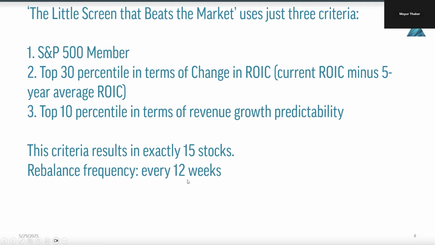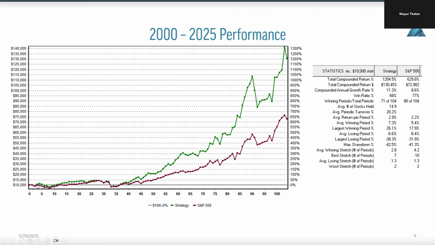So what does that do? Look at these results here. So this is a back test from 2000 through May of 2025. And you can see that this little screen here with just three criteria has really completely destroyed the market in terms of returns.